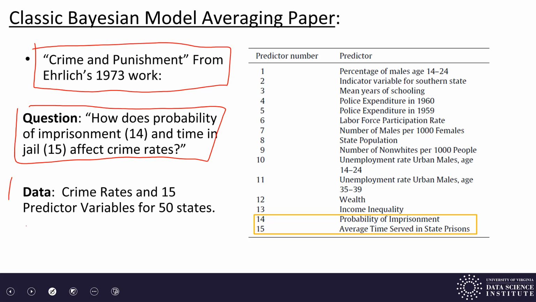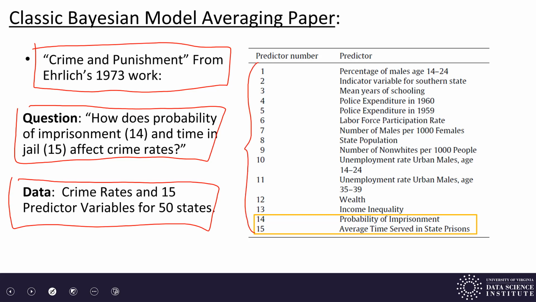And so the data: we have crime rates and 15 predictor variables for 50 states. The predictor variables are this list right here, numbered 1 through 15. For each state, we have the crime rate and the predictor variables. I believe it's the crime rate in 1960 or 61, sometime around there.